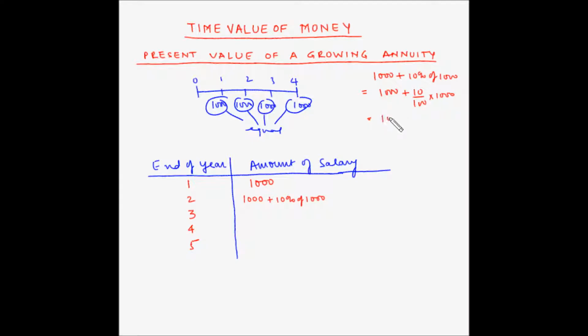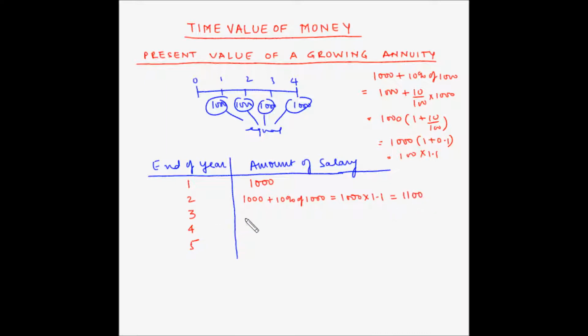Now 1000 can be taken common. So 1 plus 10 by 100. So 1000 into 1 plus, this will become 0.1. 1000 into 1.1, which is equal to 1100.